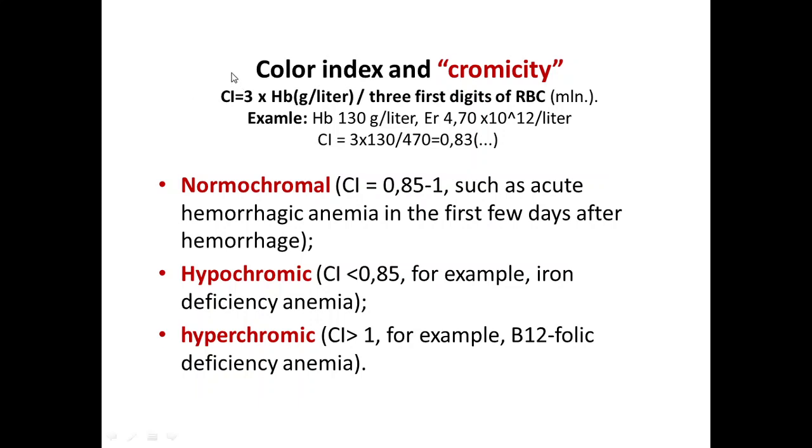Here you can see the formula of color index and an example of how you can count it. All anemias can be divided into normochromic with normal color index, hypochromic when the color index is less than 0.85, and hyperchromic when the color index is more than 1.05.